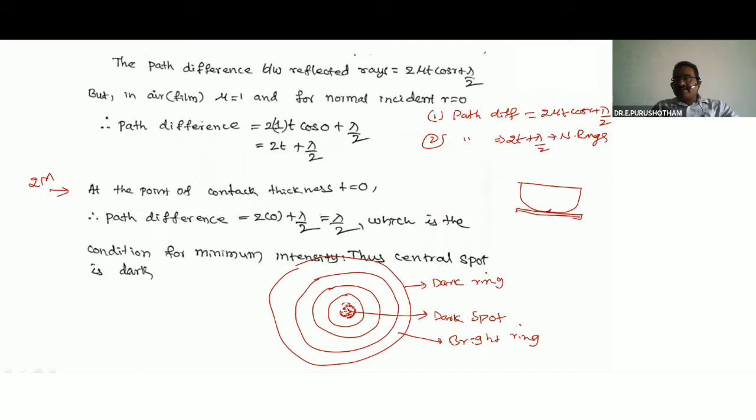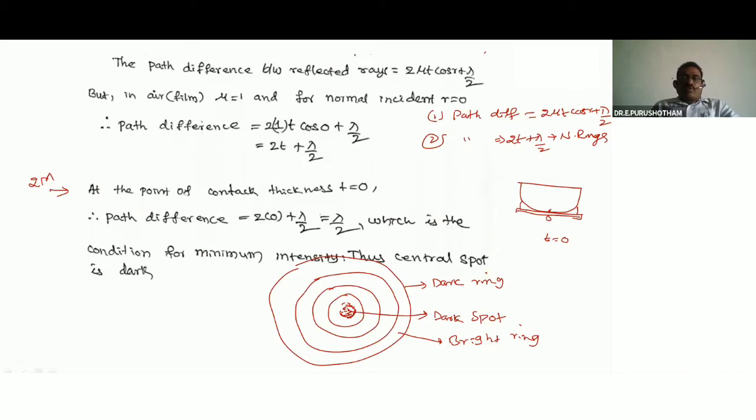At the center, at the touching, there is no air film. There is no air film at O. So the thickness of air film at point O is 0.